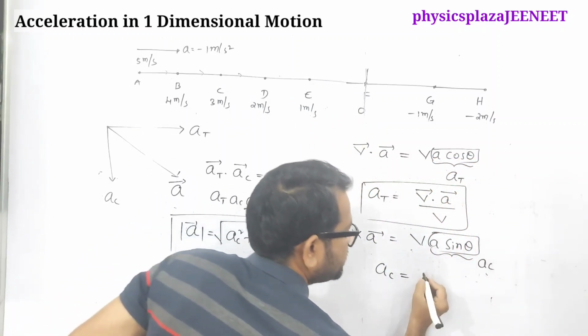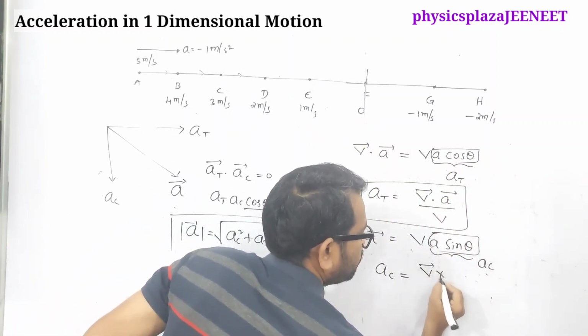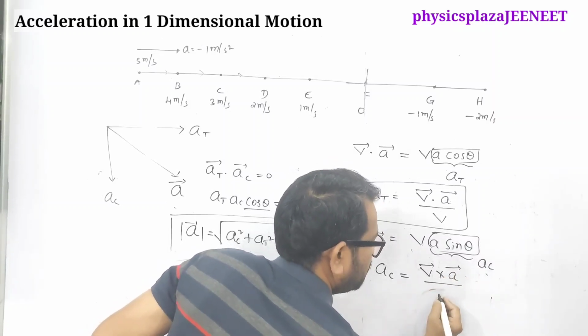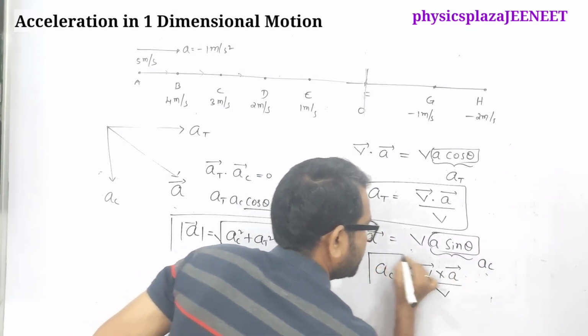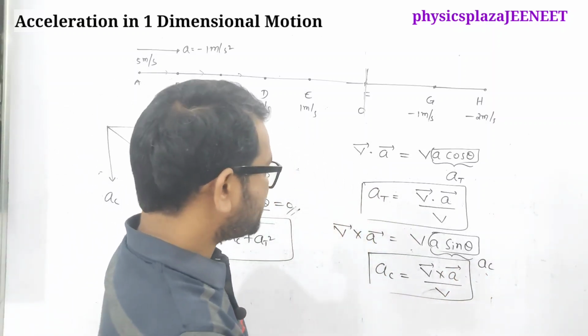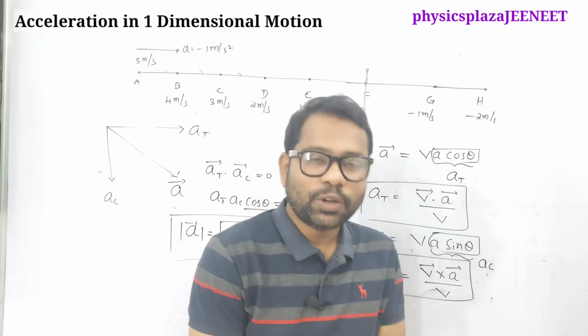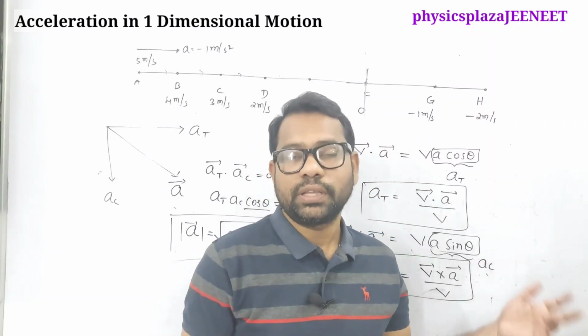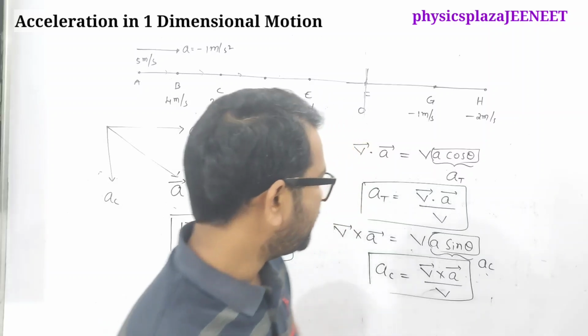So centripetal acceleration is equal to V cross A divided by the magnitude of the speed. This is how we can calculate tangential and centripetal acceleration if the angle is not known and velocity and acceleration are given in vector form. Okay, make a copy.